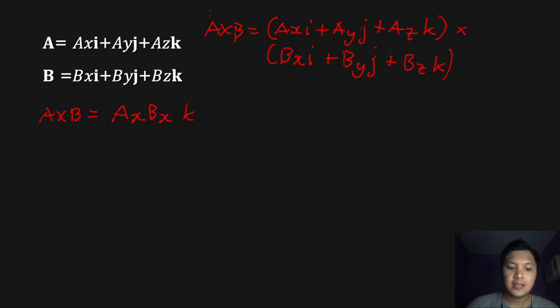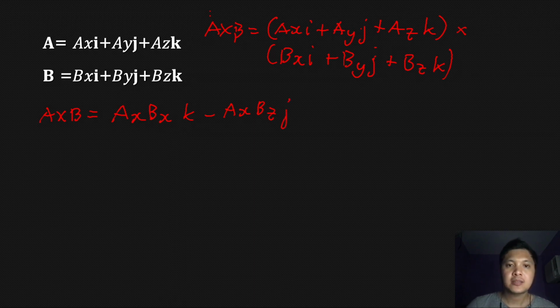So I cross K is negative J. So that's negative AX BZ J.